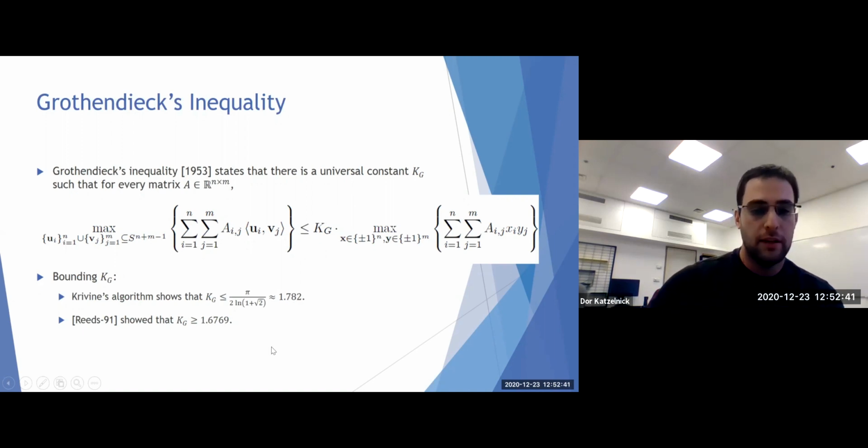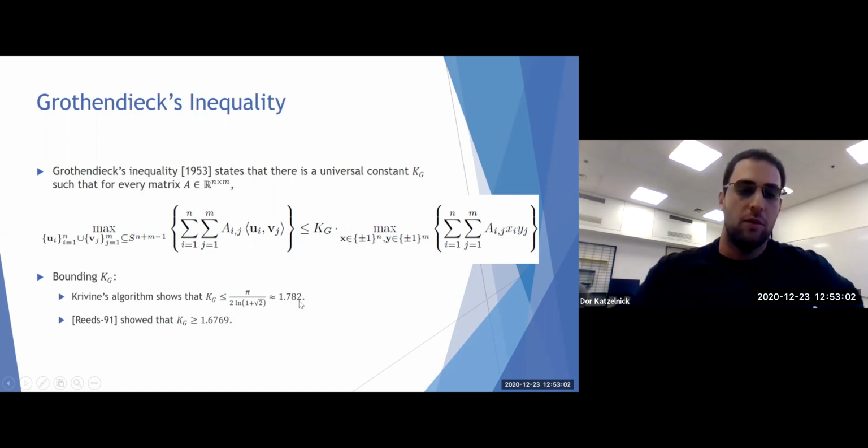And in the 90s, Reeds showed that this constant is at least this number. So we have this lower bound. We can see that we still don't know the second digit in this number. We don't know if it is 1.7 something or 1.6 something.